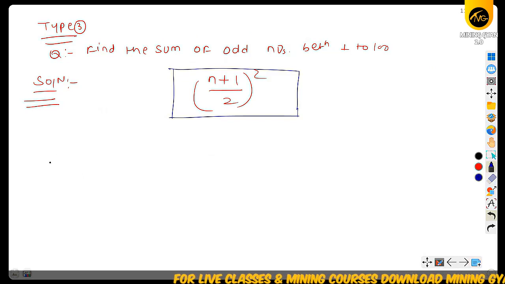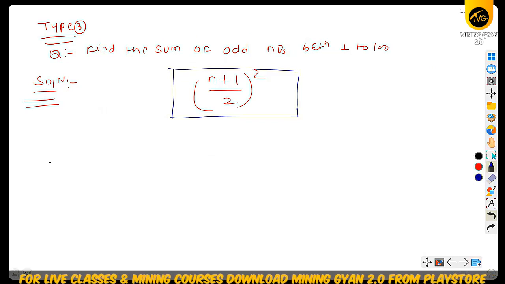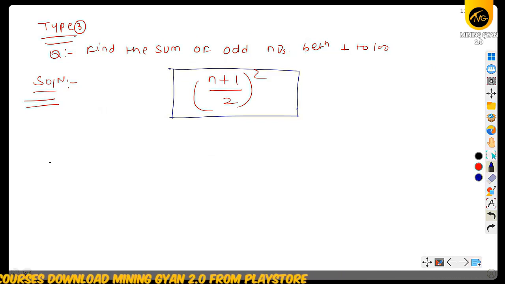It is used to find the sum of odd numbers between 1 to any number. Now in this case we cannot just put 100 as n, or we can say you cannot use 100 in the place of n, because 100 is not an odd number. Basically 100 is an even number.